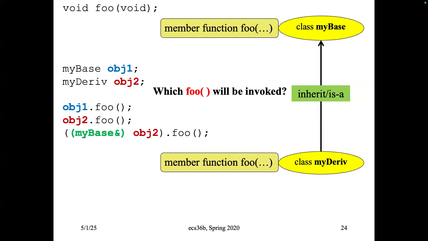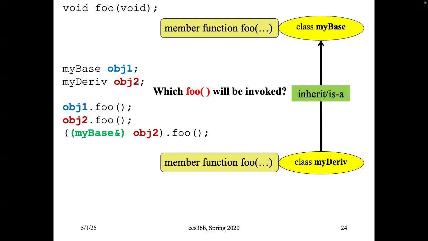So you see that I'm actually calling foo. I'm using three different ways to call the foo. obj1.foo, meaning that I'm going to invoke the foo member function on my base object1, and object2.foo.